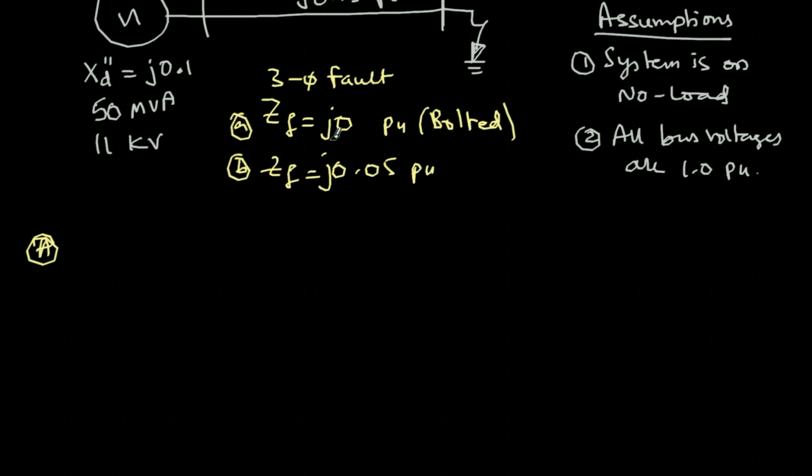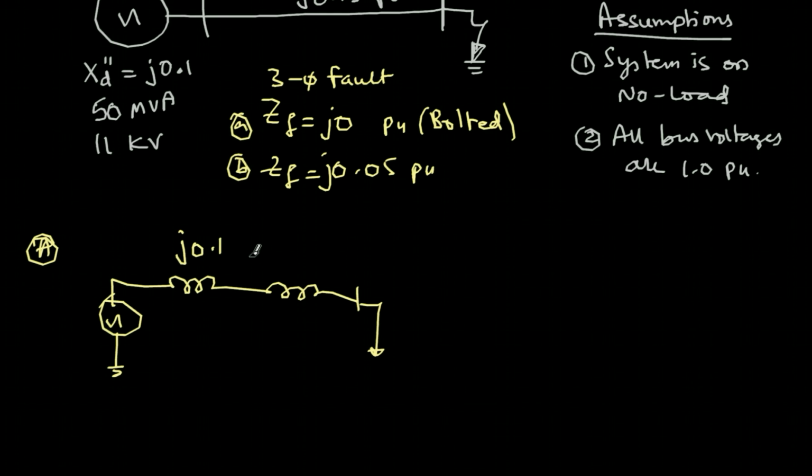I'll take the first case where the fault impedance is 0. There is a generator, and I'm drawing the reactance diagram. I have two reactances, and then there is a fault. This is j0.1 and j0.15. Here the voltage is 1 angle 0. This is all before the fault.